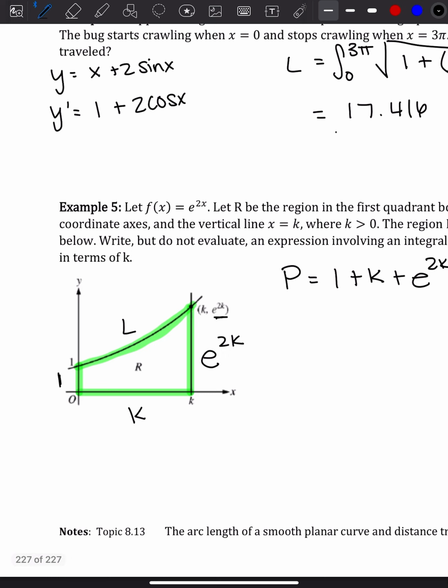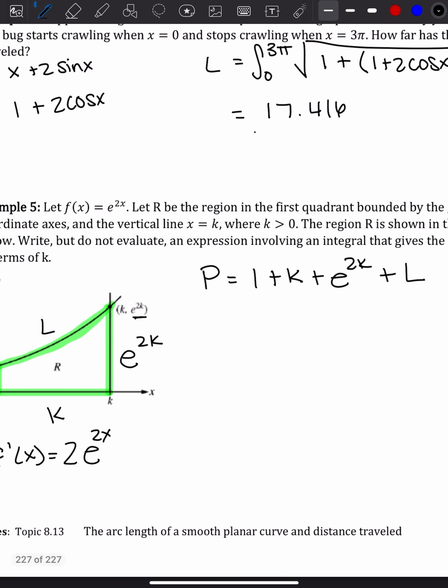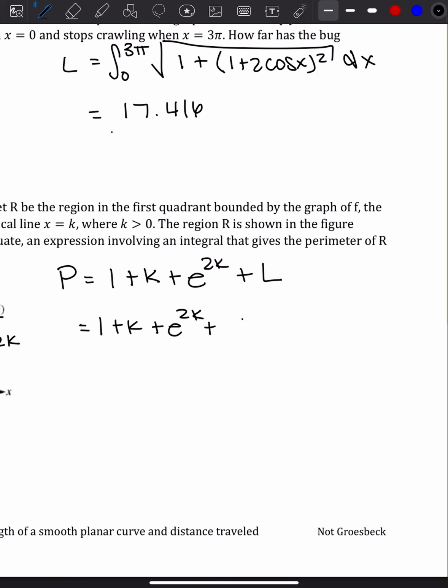So we have f of x. So we need to find f prime of x. The derivative of e to the 2x is e to the 2x times the derivative of 2x, which in our case would be 2. So 2e to the 2x. So our perimeter is equal to 1 plus k plus e to the 2k plus our integral.